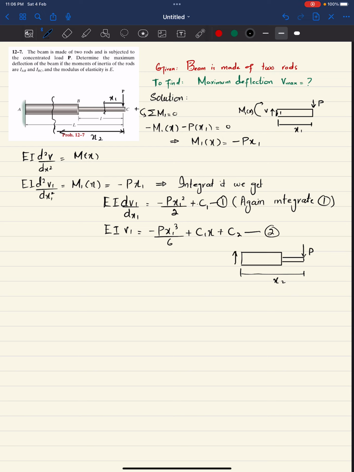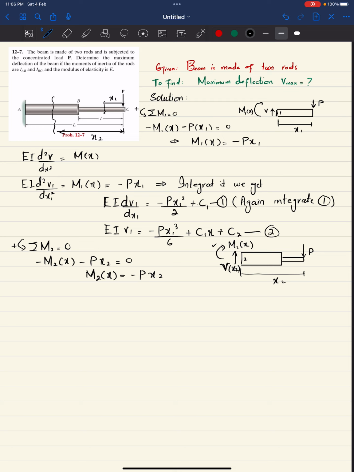When you cut it, there will be a shear force V at x2, and there will be a moment M. Let this point be 2, so M2 of x. Applying the sum of all moments about point 2 equal to 0, taking the counterclockwise moment as positive: minus M2 of x because this is clockwise, and minus P into x2, which is also clockwise. So M2 of x will be equal to minus P x2.